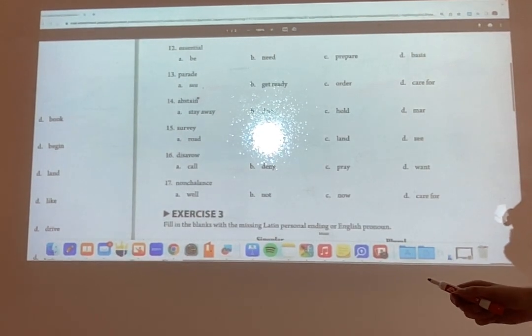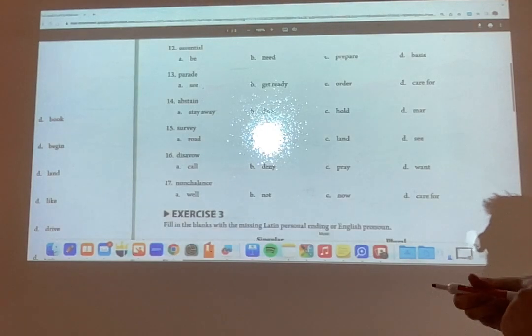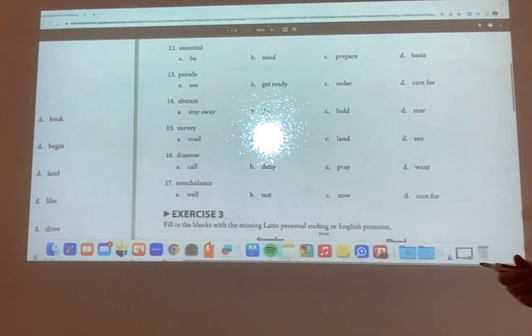A and B. A. Number 14 is A. Number 15 is D.